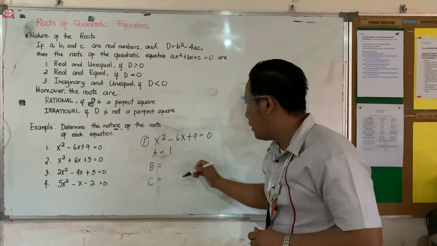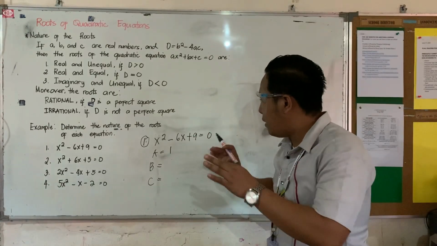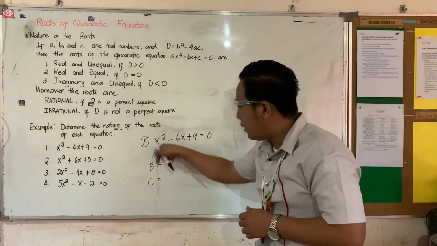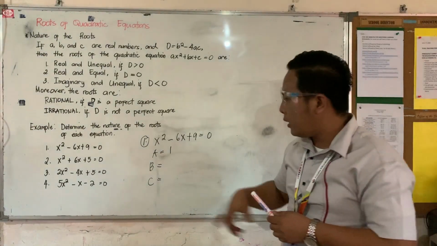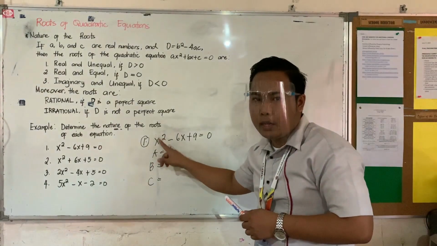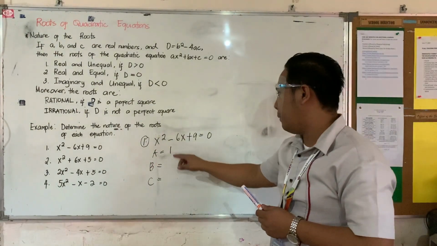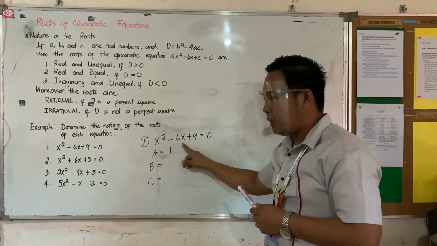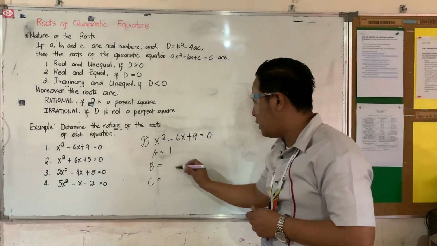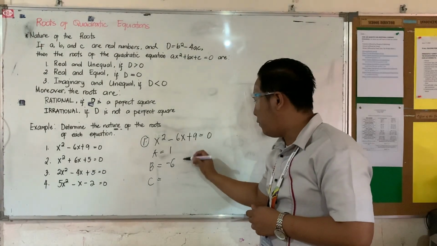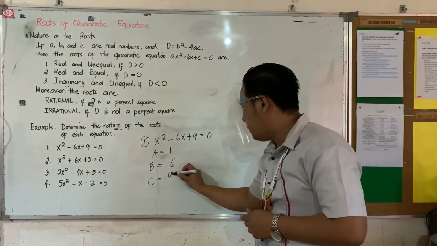Why 1? Any variable that doesn't have a number, there is an invisible one beside that variable. Kapag nakita niyo yung walang number doon, variable lang, there is always one na numerical coefficient for that. For letter B, we have negative 6x, so the numerical coefficient is negative 6. So negative 6 yan. And for C, the constant term is 9.